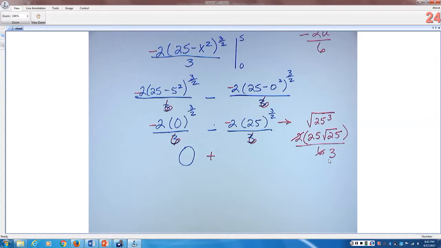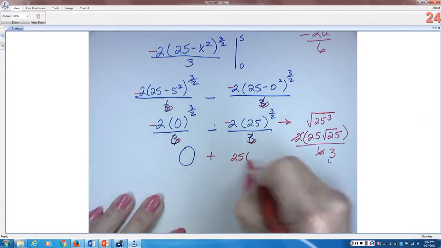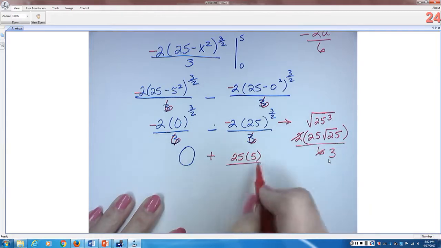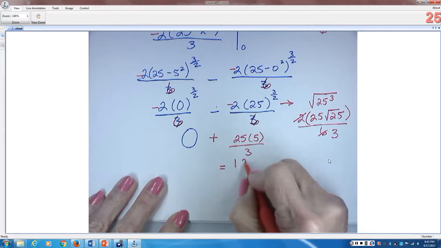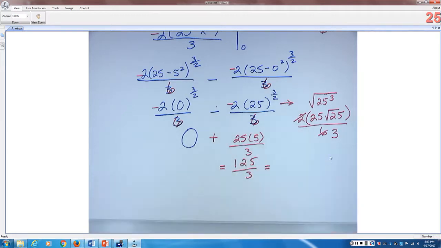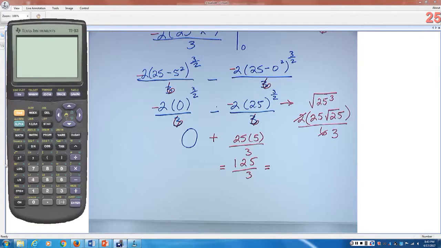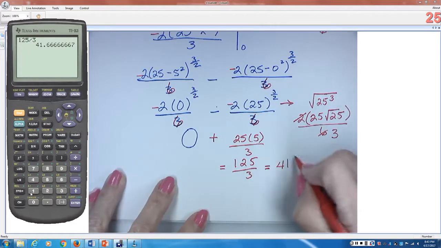And now, let's see, 25 times the square root of 25 is 25 times 5 divided by 3, which is 125 divided by 3, and that's not going to come out even. Oh yeah, you can do that one on the calculator. Will you show us how? So it turns out to be about 41 2/3.